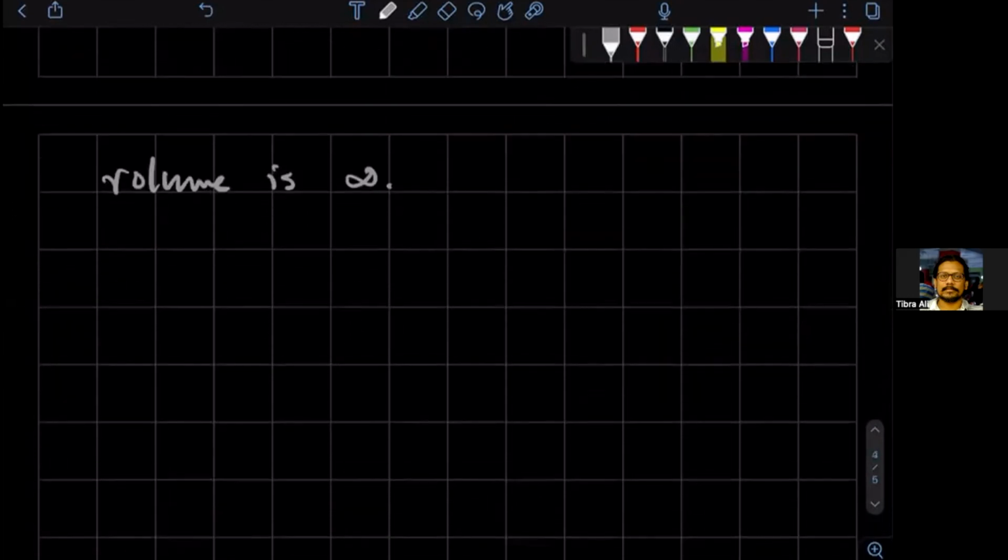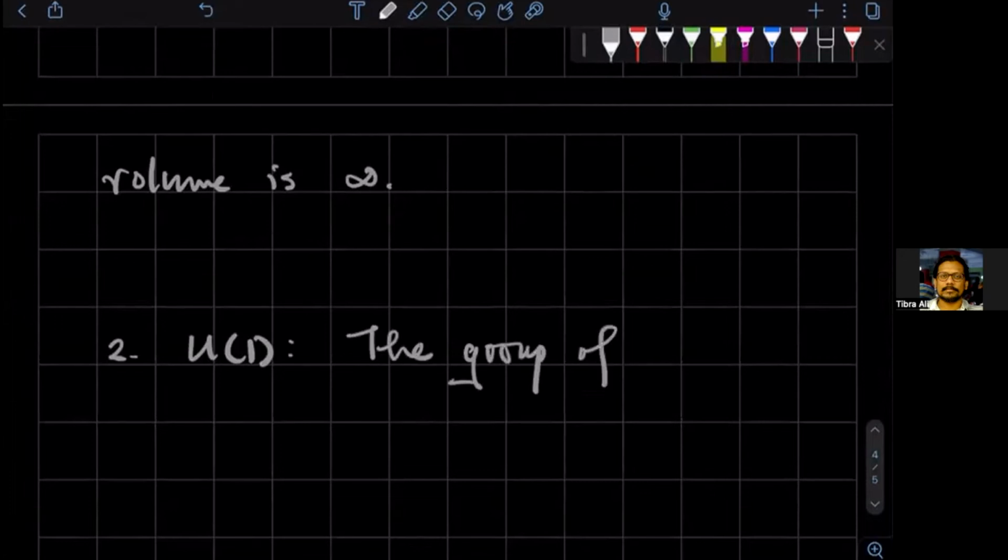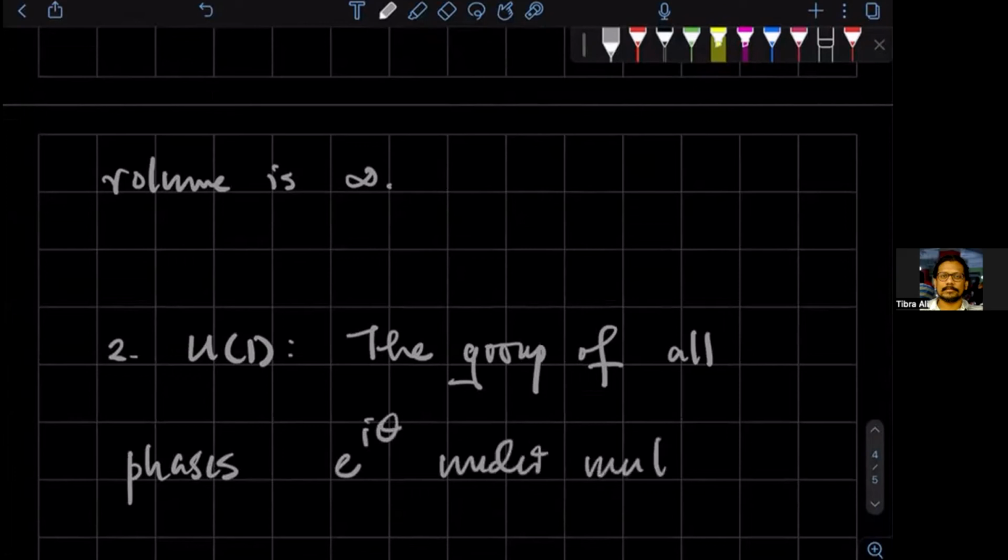Okay, so this is one of the groups that's possible in one dimension. The other one is U1. So U1 is the group of all phases of the form e to the power i theta under multiplication.